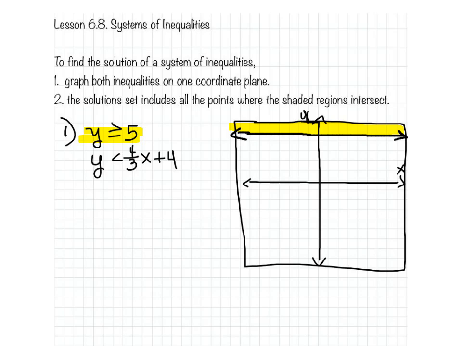And then you have y is less than 4/3 x plus 4. So 4 is my y-intercept. That's right there. And I'm going to rise 4, run 3.